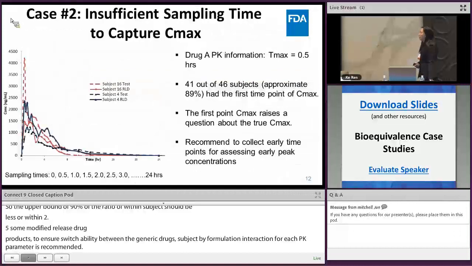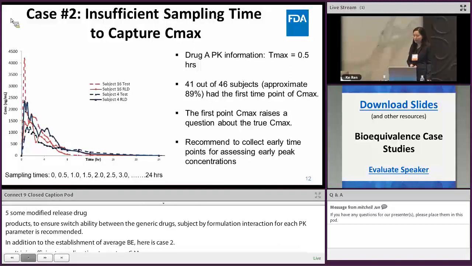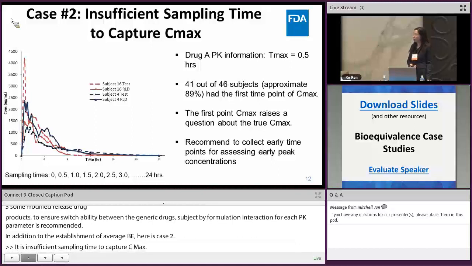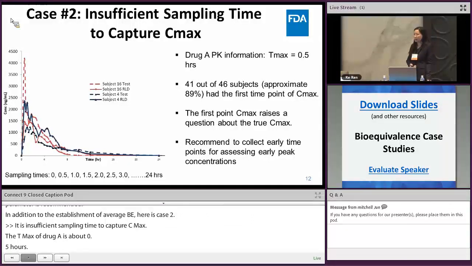So here is case 2. Insufficient sampling time to capture Cmax. The Tmax of drug A is about 0.5 hours. 41 out of 46 subjects had the first post-dose sampling time, 0.5 hours, as Cmax.